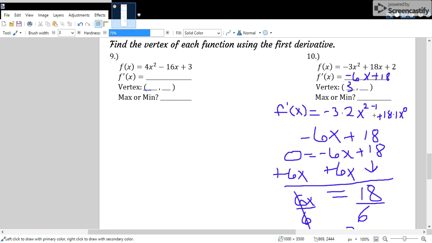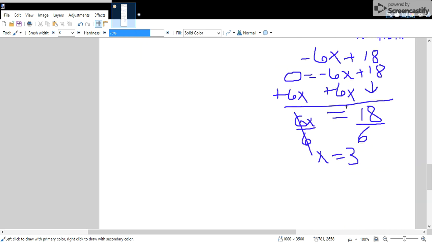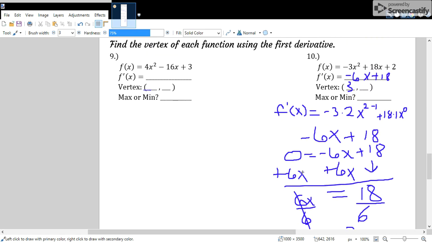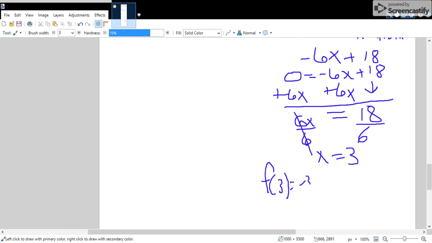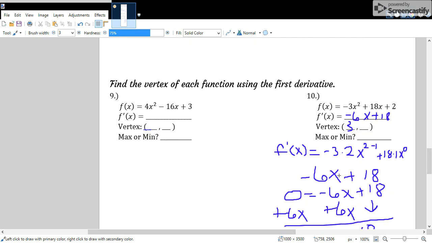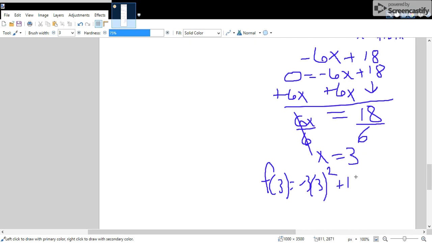To find the y part, we're going to plug it back into the original equation. So f of 3 equals negative 3. Instead of x, we're going to put 3 squared plus 18. Instead of x, we'll put 3, plus 2.